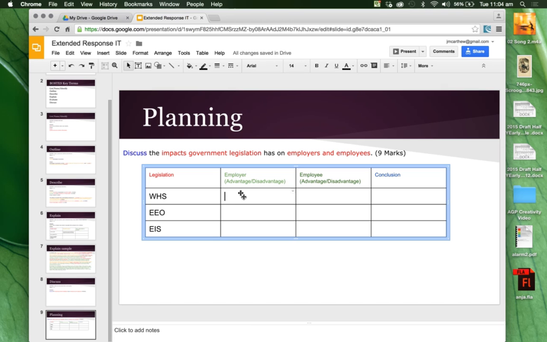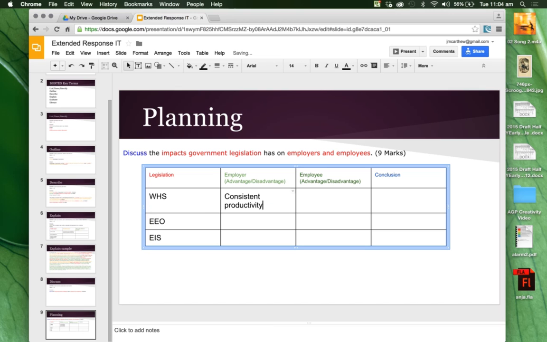What would we say, consistent productivity? Yeah? I know what you're saying. I think improve is a little harder to point out, but yes, consistent productivity. Yep, that's one. Prevents costs like payouts, compensation. Yes, absolutely. I'm just going to change the font size so we can fit a lot more in there.